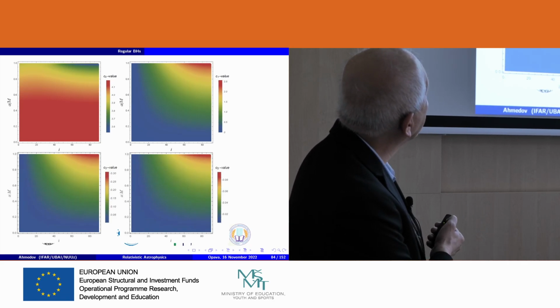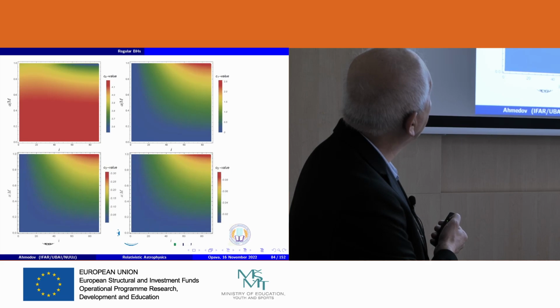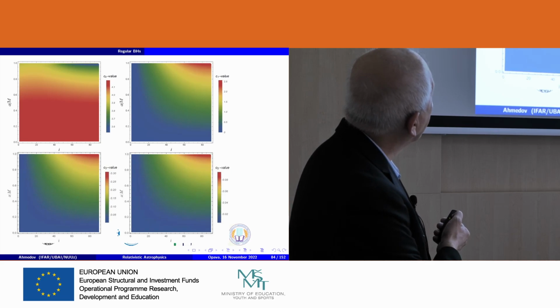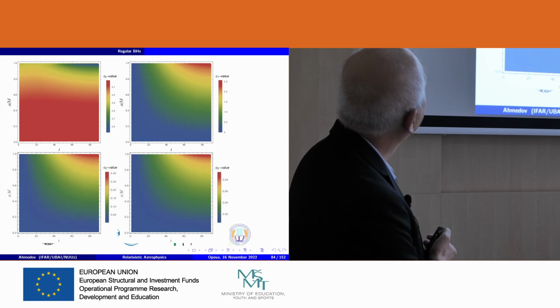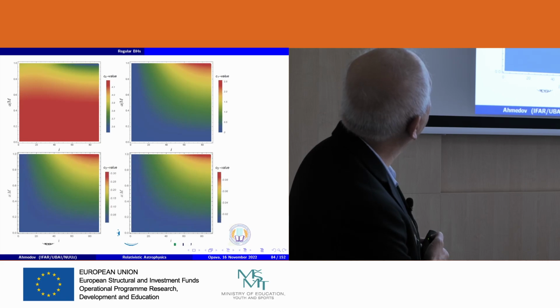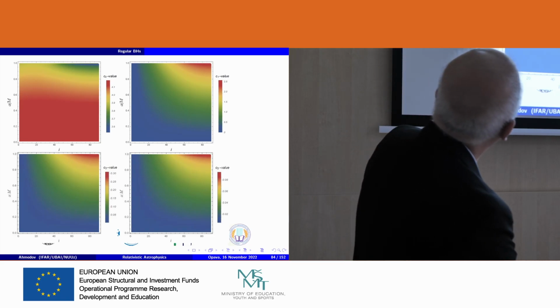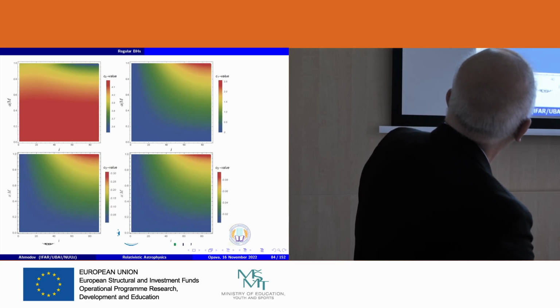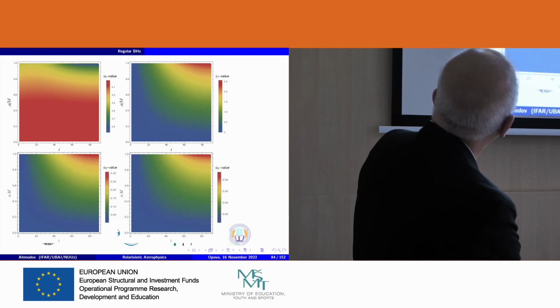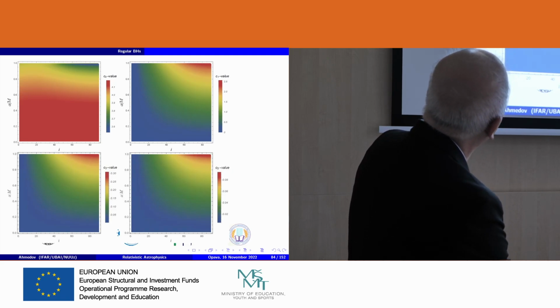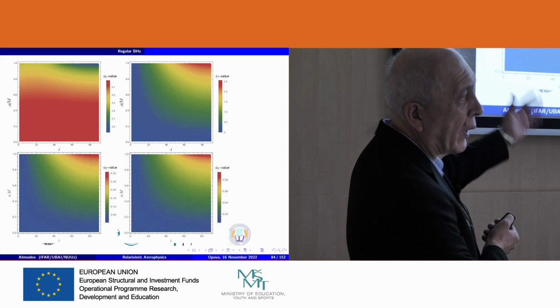Here you see that where the C0 value is bigger it is red, and when it is small it is blue. C0 is maximum when a is equal to 0, so it is responsible for the mass.